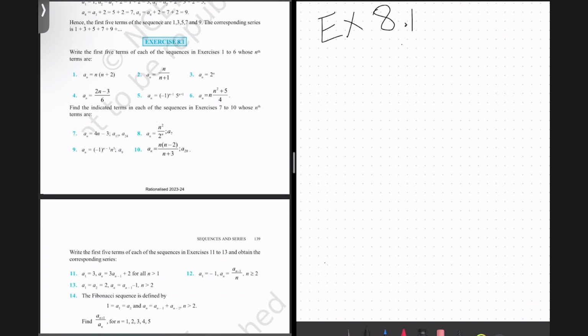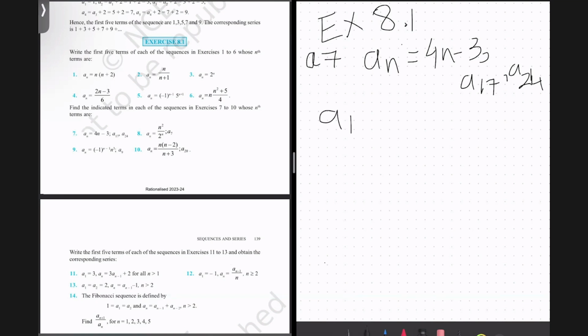Right? So for question number 7, we have a of n described by the relation 4n minus 3, and we need to find a of 17 and a of 24.